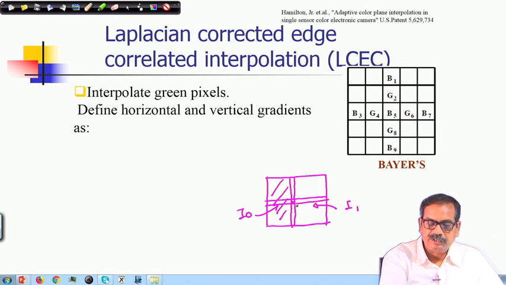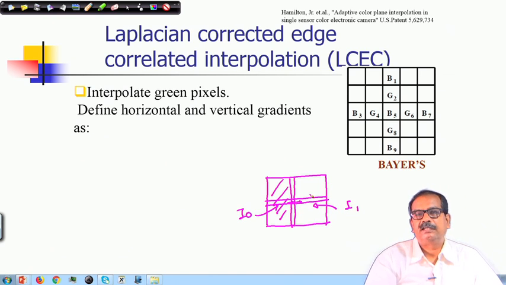Now, if I interpolate along these directions, there is a direction of maximum gradient change. As you can see, this interpolated value will be in between I 0 and I 1, and there will be blurriness in the corresponding edges.